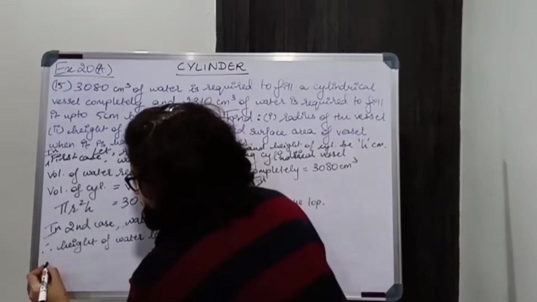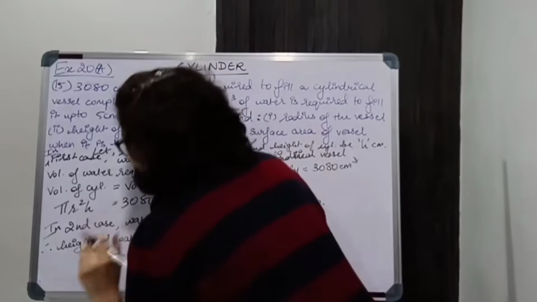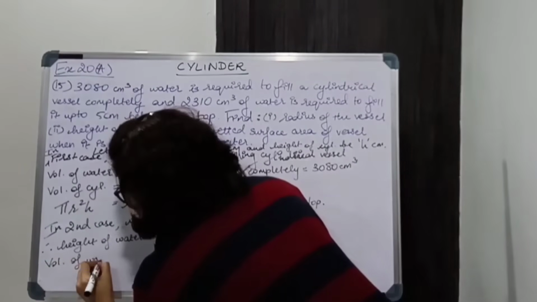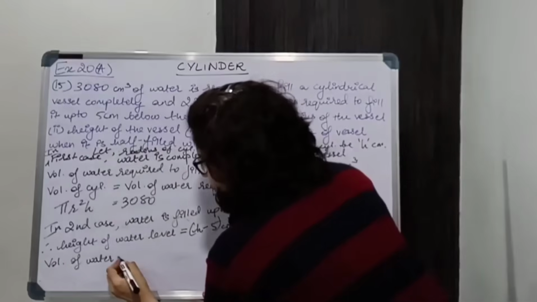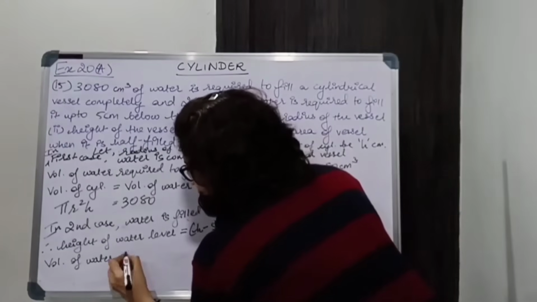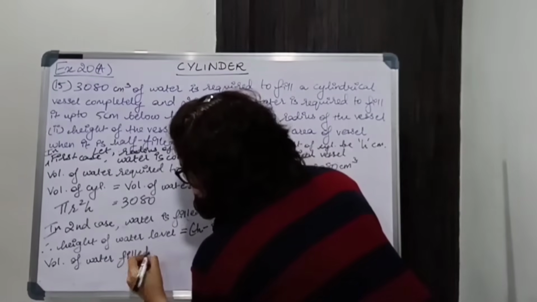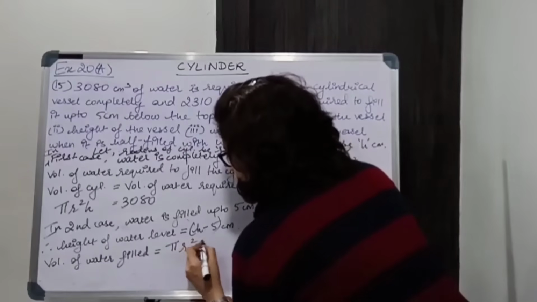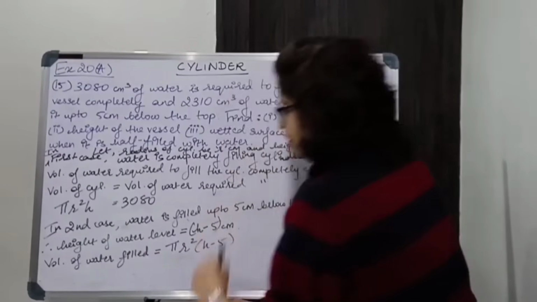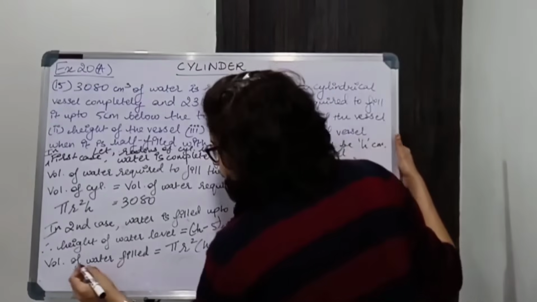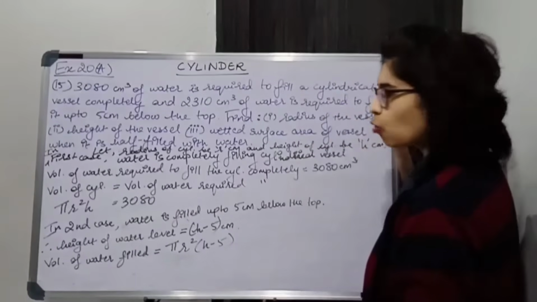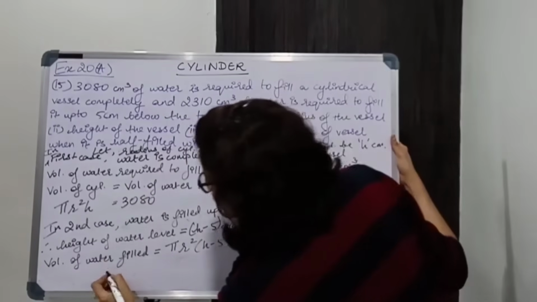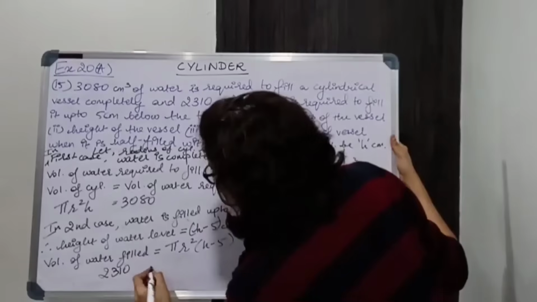And radius will remain the same. So volume of water filled is equal to pi r square into h minus 5. Volume of water filled is how much? It is equal to, it is given 2310.